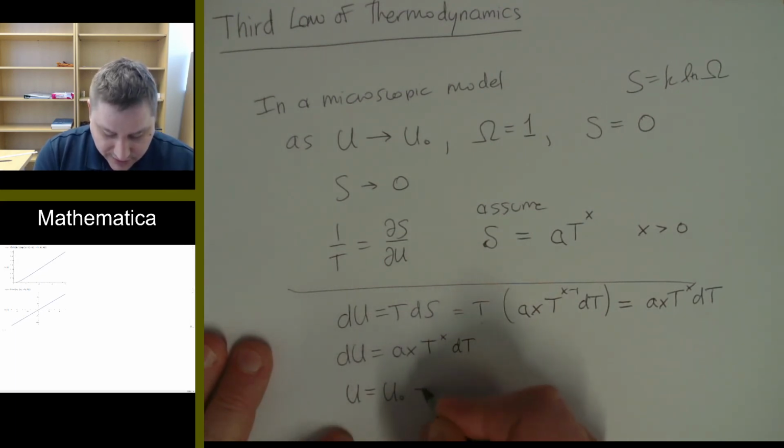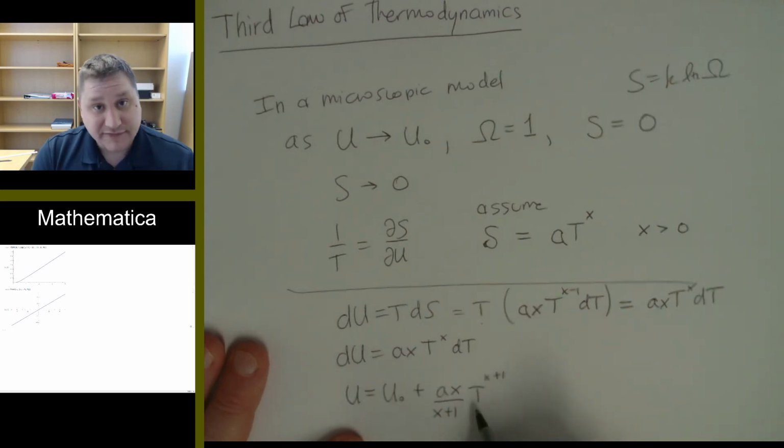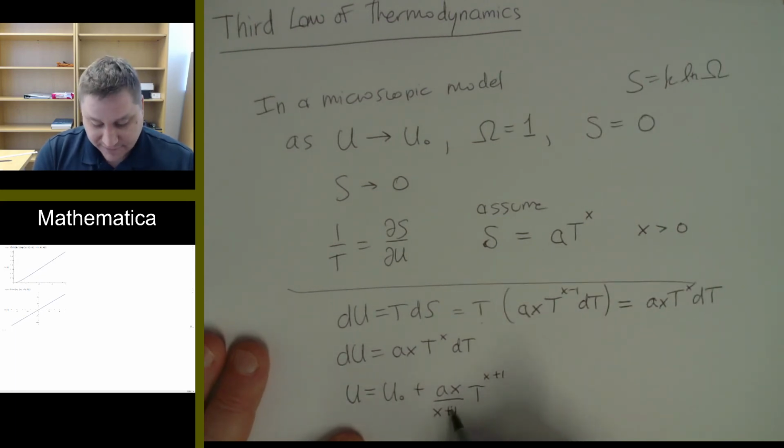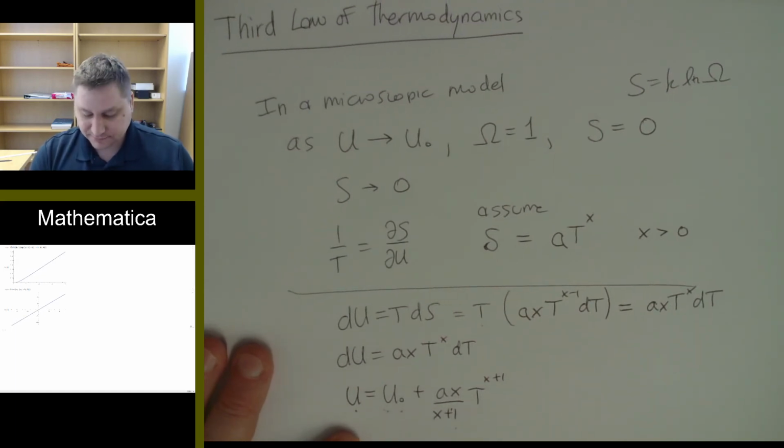So U would have to be some constant of integration, plus A times x. I'm integrating, so I raise the power of T to the x plus 1, and I divide by x plus 1. So this is the function energy of temperature. And so we see the internal energy must approach its minimum as T to the x plus 1 power.